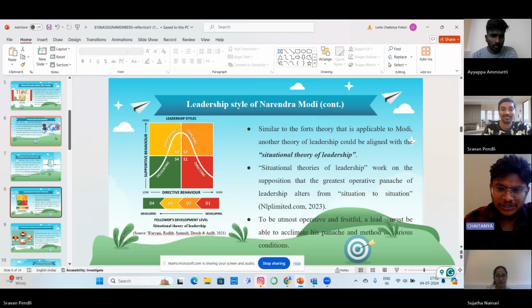Leadership style of Narendra Modi. The leadership is solely focused on flexibility, which definitely defines Modi, and he has the quality that he often changes in order to adapt to the requirements of his followers and the needs of the economy.